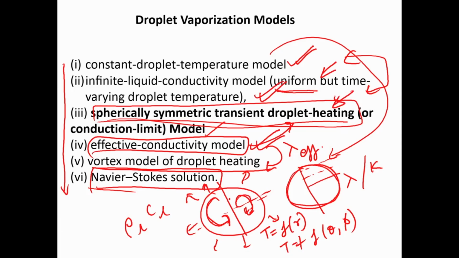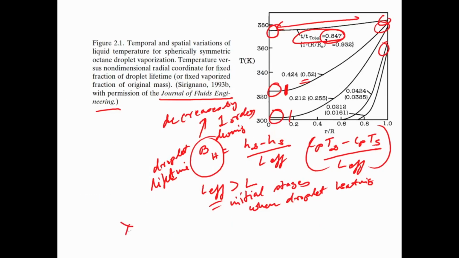Now, the type 2 and type 3 models actually become the same if you assume that lambda L is much greater than lambda, that means the liquid phase thermal conductivity is very high, and B is small, and Cl is much less than Cp.